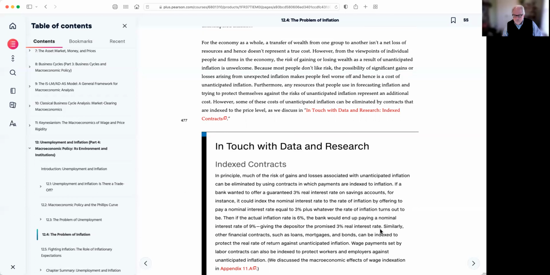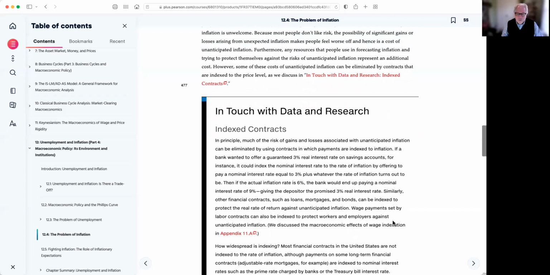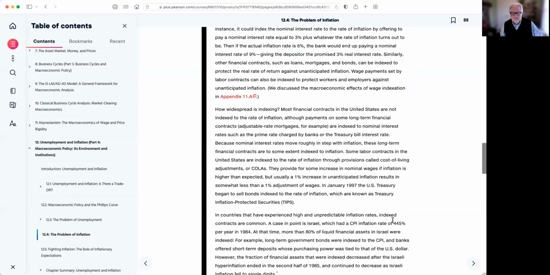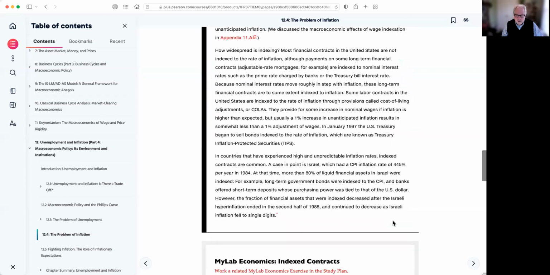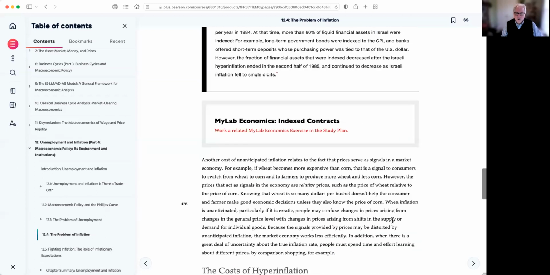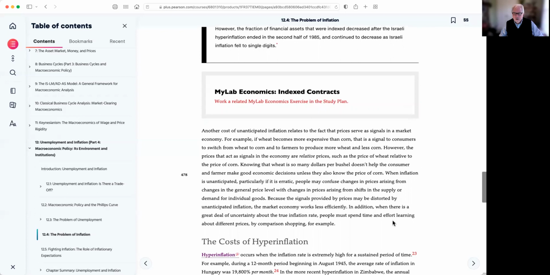And similarly for wage contracts, if there's a contract that says there's a cost of living adjustment, then when the inflation rate changes, your wages would adjust for that, and so your real wage would keep up with that. So there are ways to deal with inflation that reduce the costs of inflation. We don't think about those costs as being quite as significant as for unemployment.